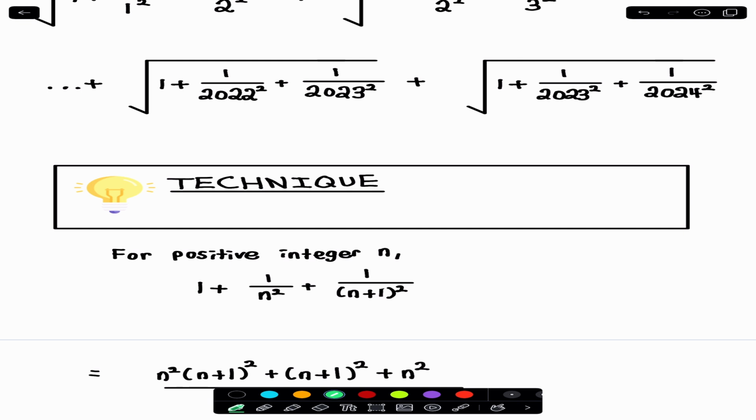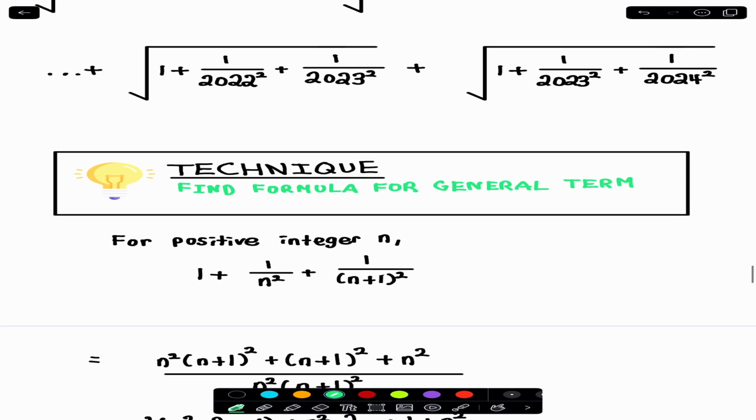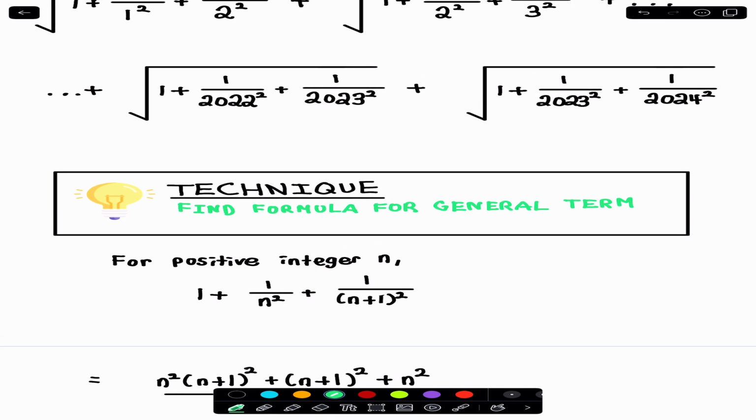So here, the technique is to try your best to find a formula for the general terms. So you're going to be describing everything pretty generally in terms of n instead of a specific number.